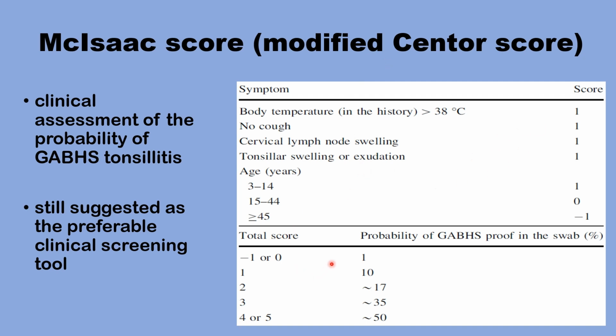So at a score of about 0, the chance is almost 1%. If there is only 1 factor, the chance is about 10%, and it increases gradually. The maximum score would give you a chance of about 50% that there is a group A beta hemolytic strep.